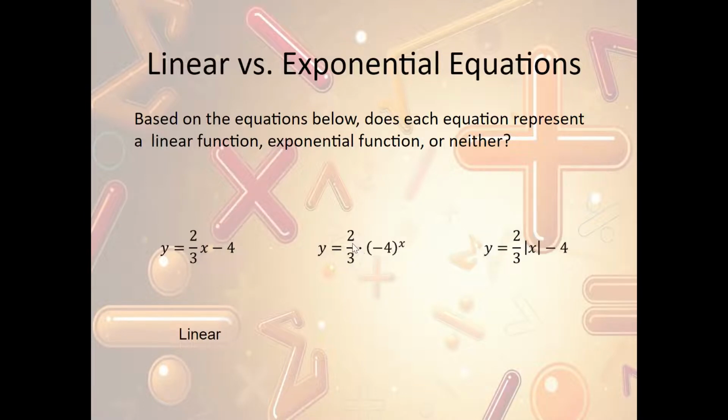Well, we should notice that looks like b times a to the x, which is exponential. So this one is an exponential function. This one says y equals 2/3 times the absolute value of x minus 4. Again, it looks similar to this one. We have x to the first power and y to the first power, but the absolute value changes things, so it is neither linear nor exponential.